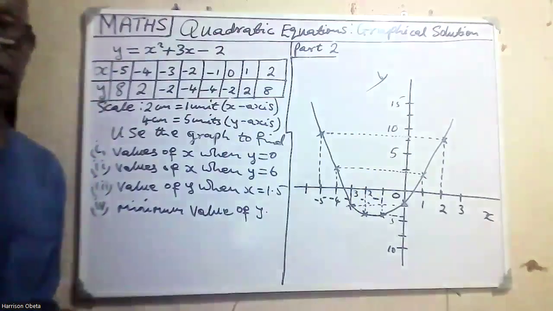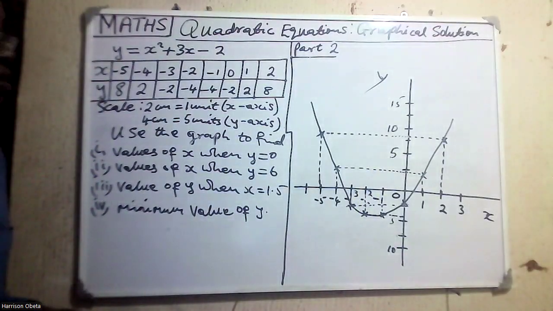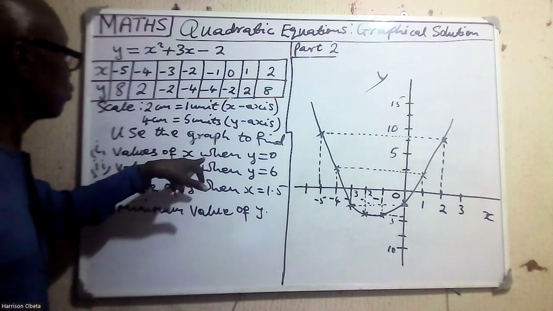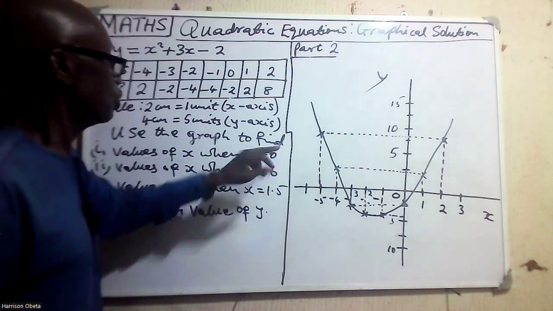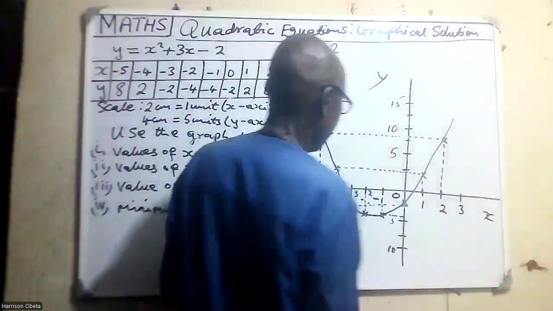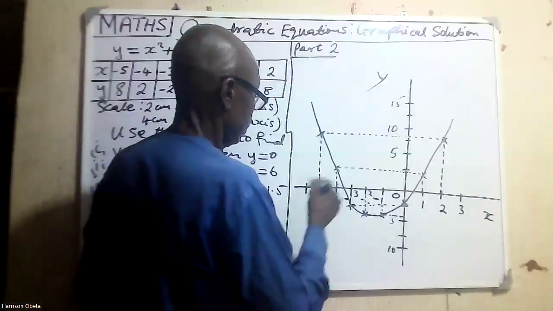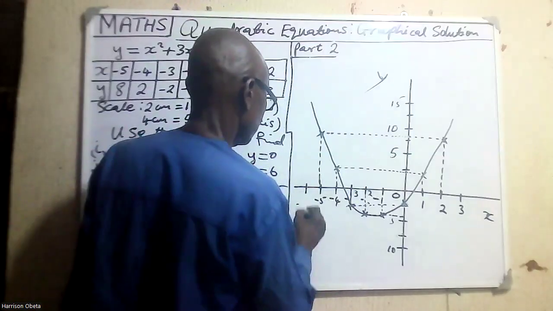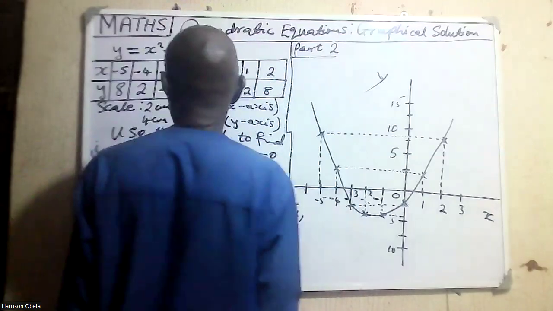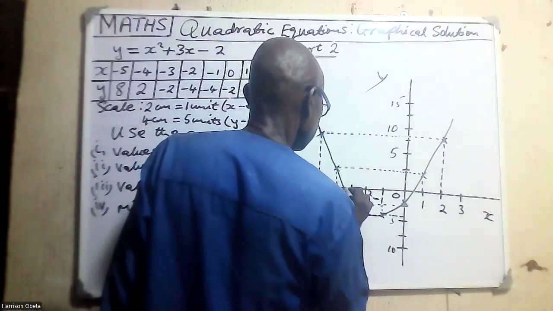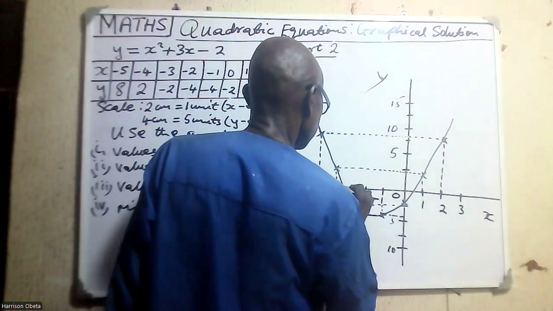So this is how it will look. Then we now try to answer the questions. Values of x when y is equal to 0, and y is equal to 0 along the x-axis. So, the first one, you check this point.